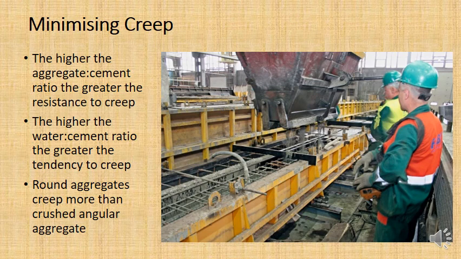And what we think there is that with rounded aggregates, you tend to basically have a lower aggregate to cement ratio generally, because the aggregate particles don't interlock and form a tighter matrix as well as if they were crushed rock. So that can lead to a slightly higher level of creep.